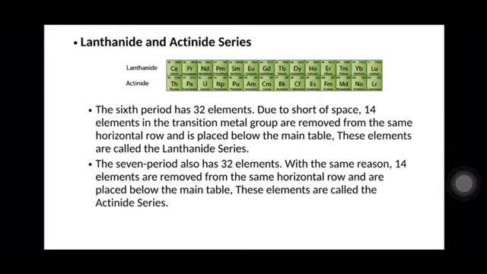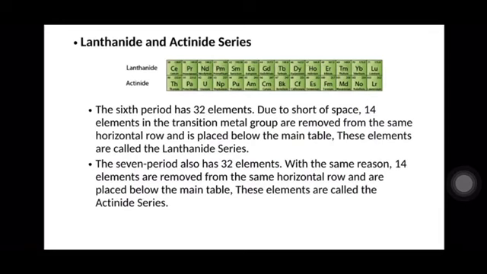These elements are what we call the Lanthanide series. Same case with period 7. They also have 32 elements. For the same reason, the 14 elements are removed from the horizontal row and placed below the main table. These we call the Actinide series.